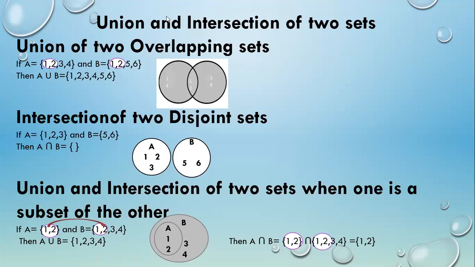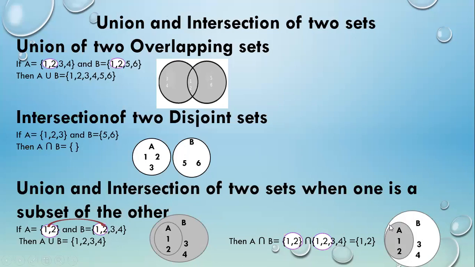Now, what about the intersection? Whenever we are finding the intersection, when one set is a subset of another, we have to draw the diagrams in a similar way, like this. Now, look at the diagram. Here the Venn diagram is the same. The only difference is the shading. Fatma, what is the difference between this diagram and this?